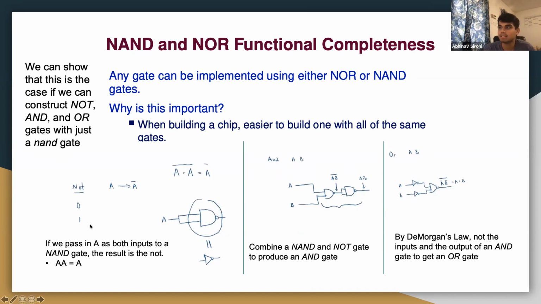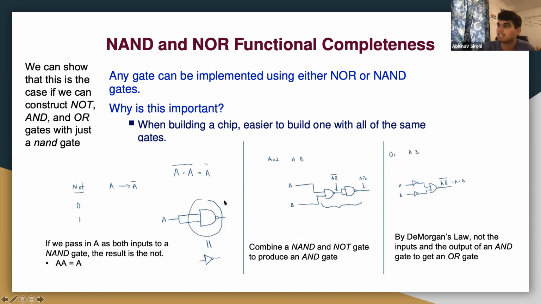But if we want to negate that, we can just negate the result of the AND, and that'll give us the opposite of A, right? So if A ANDed with itself gives us A, then to get the opposite of it, we just negate the output of the AND.